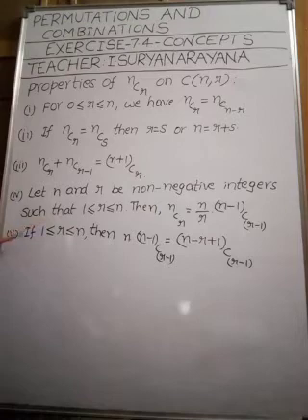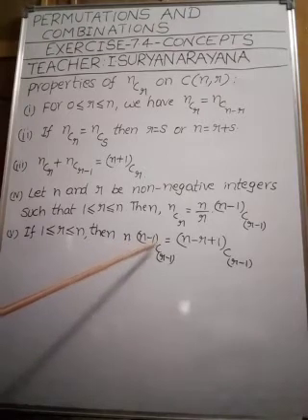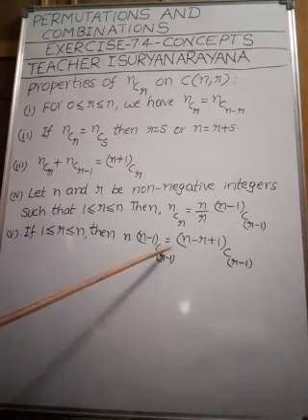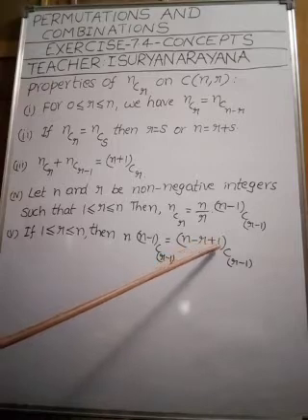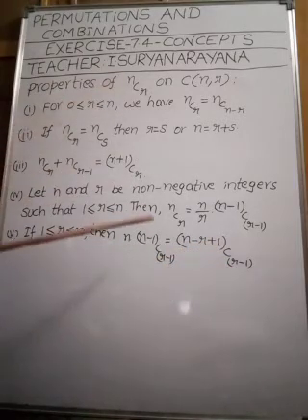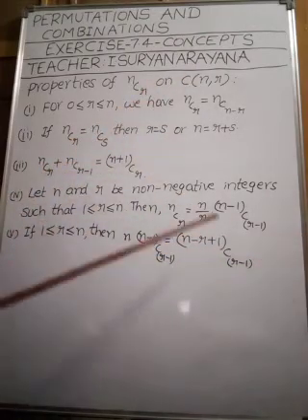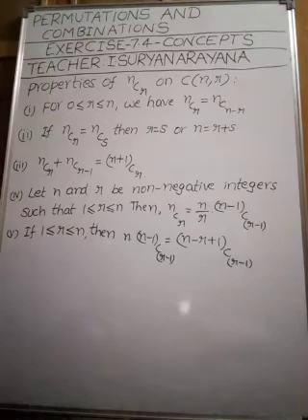And the last one, if 1 less than or equal to r less than or equal to n, then n into (n − 1)C(r − 1) is equal to (n − r + 1)C(r − 1). These are all properties of nCr. According to the question, we use these properties to solve the question. So these are the concepts of exercise 7.4.